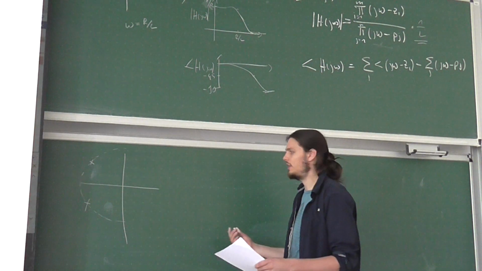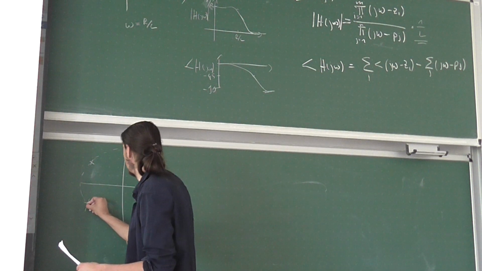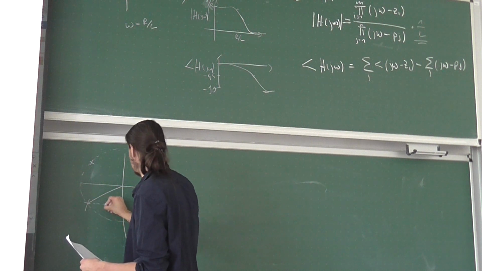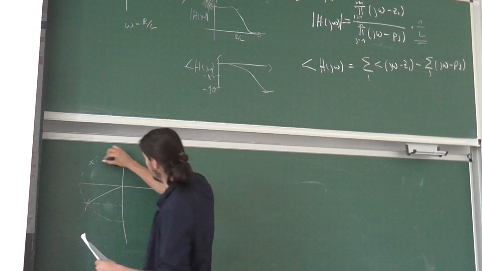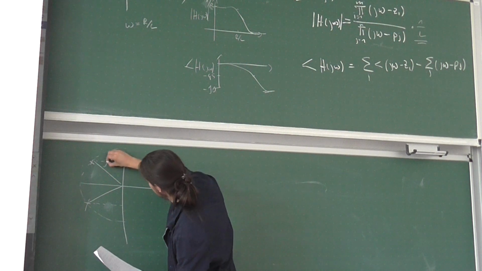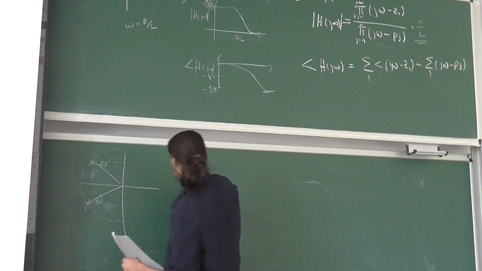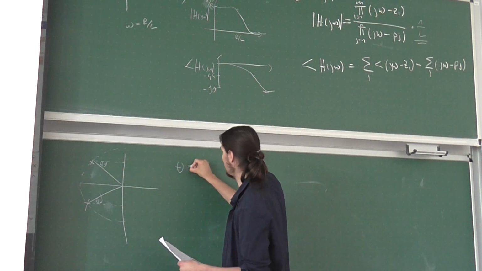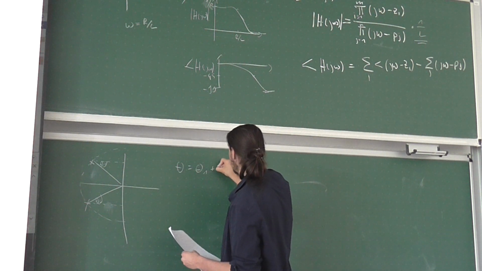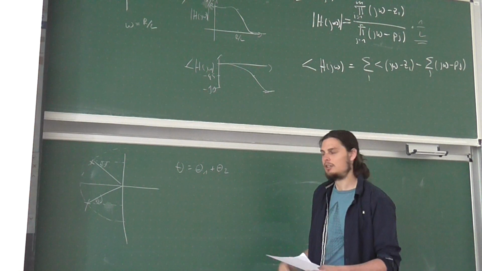And here, the angle is actually, to draw this imaginary line here, we have two angles like this. Theta 1 and theta 2. And the angle would be theta 1 plus theta 2.